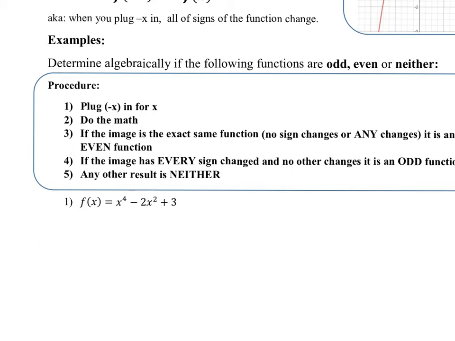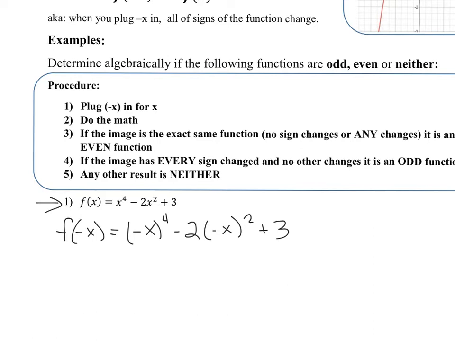So let's try it for this one. We want to determine if this is even, odd, or neither. What we do is plug negative x in, and it has to be in parentheses like this. When I raise anything to the fourth power, it's negative x times negative x times negative x times negative x.